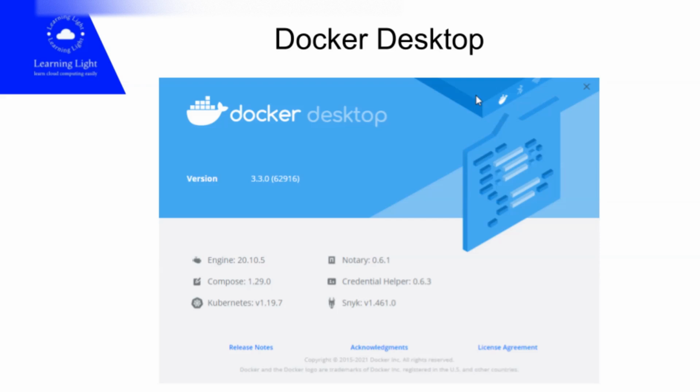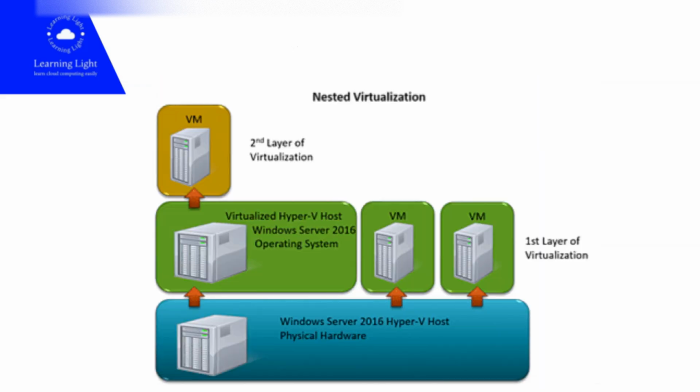So if we follow a couple of practices during the installation of Docker Desktop, we can avoid these Windows subsystem for Linux errors, because mostly when we try to run the Docker Desktop on our on-premises system, we are able to enable the Windows hypervisor platform.